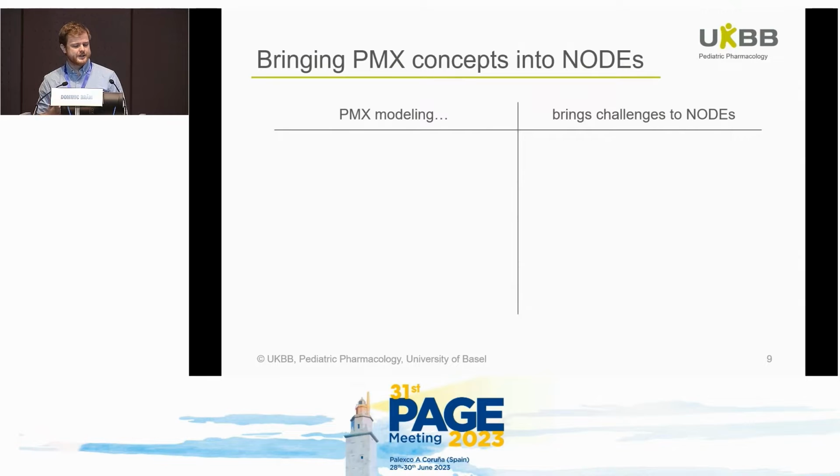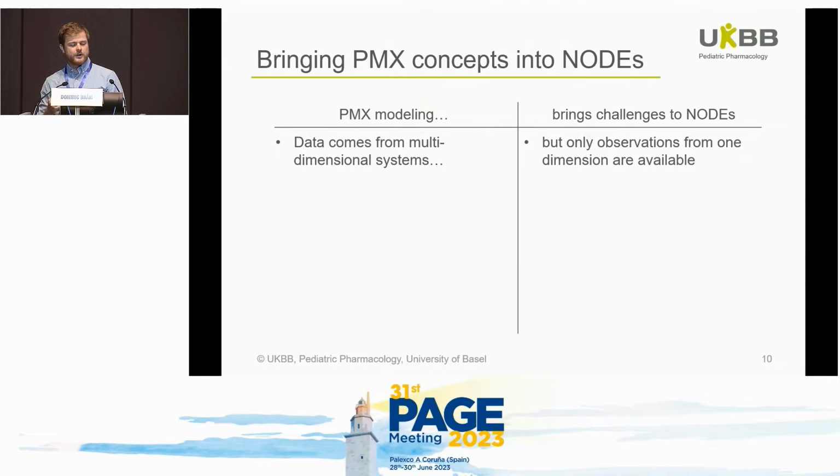But combining these two fields brings us to some challenges. First, in pharmacometrics, the data often comes from multidimensional systems with peripheral compartments or transit compartments in the absorption, but we usually only have observations from one dimension, often the central compartment.